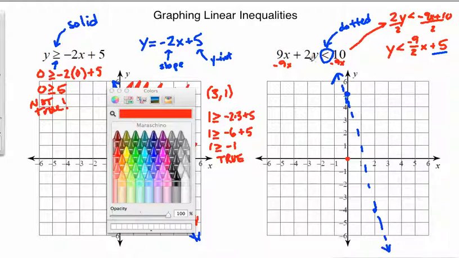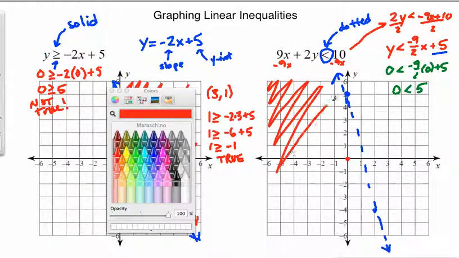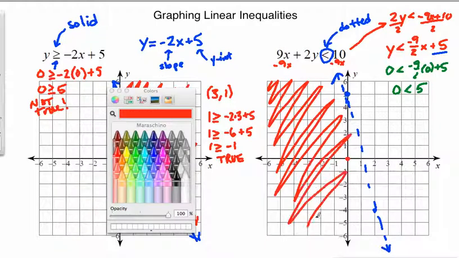And you can test it in the original or you can test it in your new one. So I'm going to test it in this new one. 0 in for y is less than negative 9/2 times 0 plus 5. You get 5 is bigger than 0. That is true. So we're going to shade the part of the graph that has that point underneath the graph here.